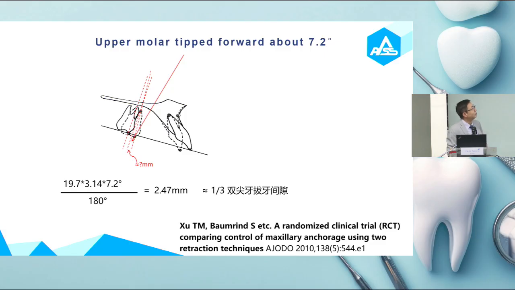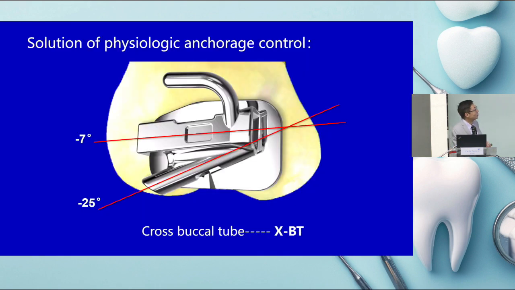So if we don't let the molar tip forward 7.2 degrees, we can save 2.47 millimeters of anchorage. That's why we make the molar tube minus 7 degrees, not 0 degrees.